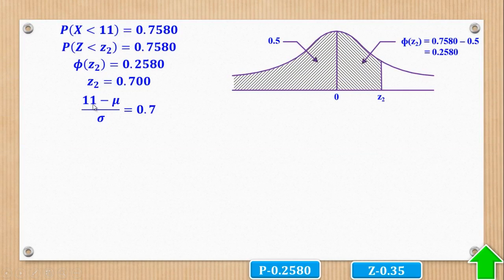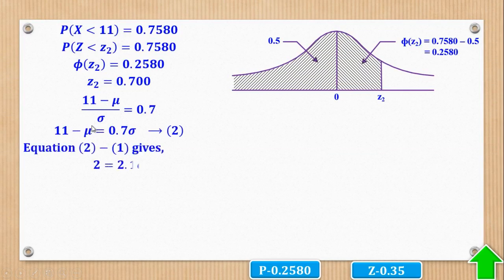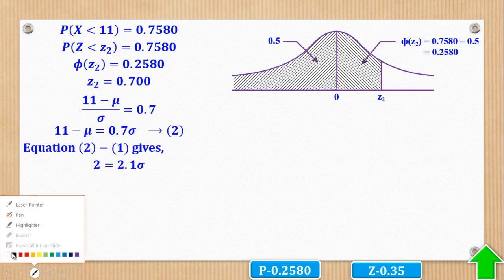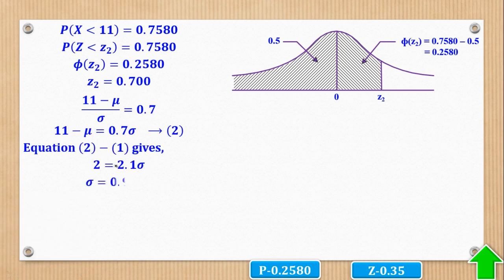Then you can standardize: (11 minus mean) over standard deviation equals 0.7. Get equation 2. Then you have to solve them simultaneously. When I subtract, I'll come up with 2 equal to 2.1 times standard deviation. Therefore, standard deviation is that, to 4 decimal places.